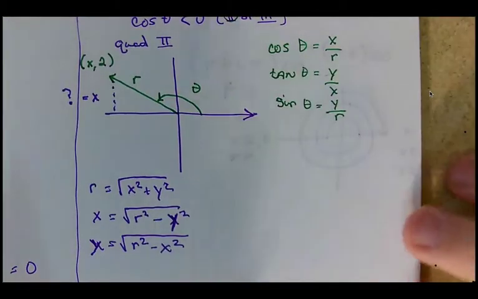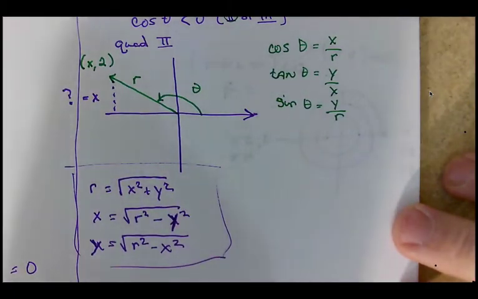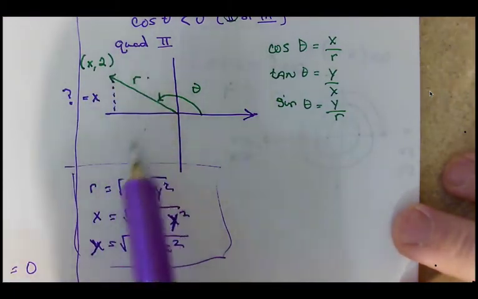So these are the three possibilities from the Pythagorean theorem to solve for these different locations.